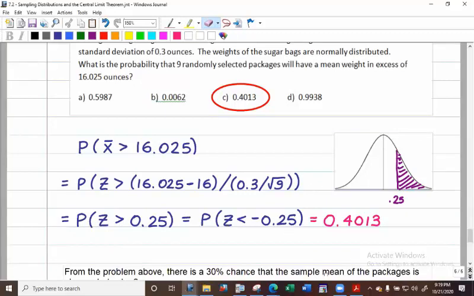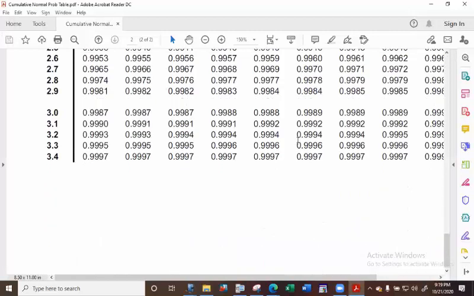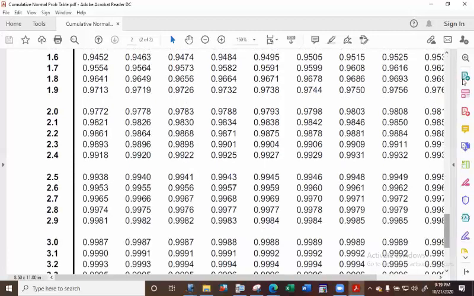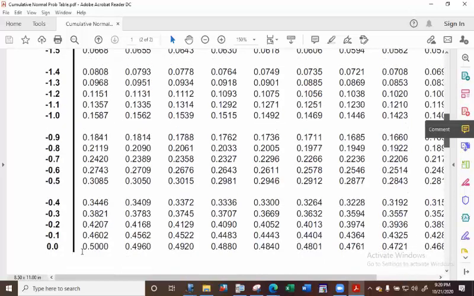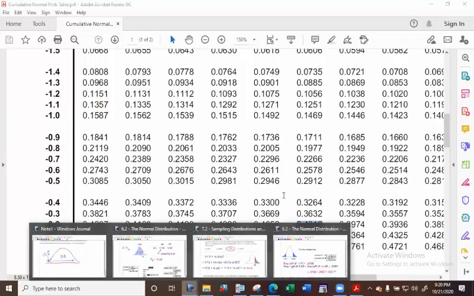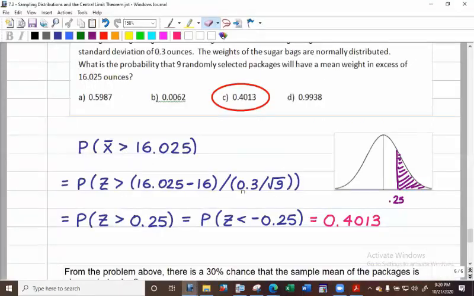So you would look up negative 0.25, not negative 2.5. And that's going to be .4013. There we go. So there it is working out that way.